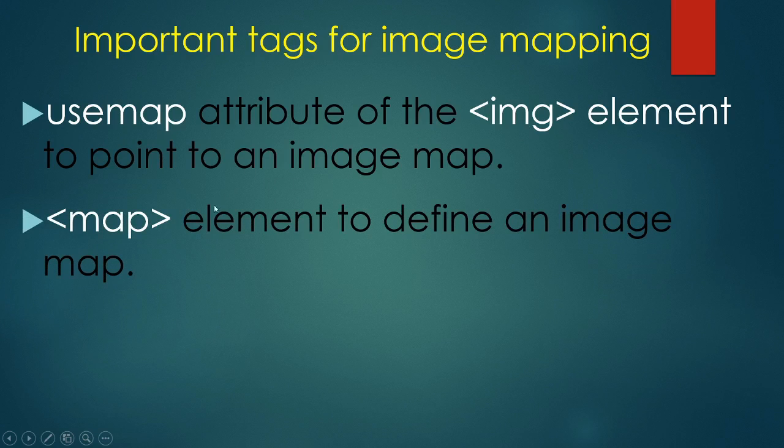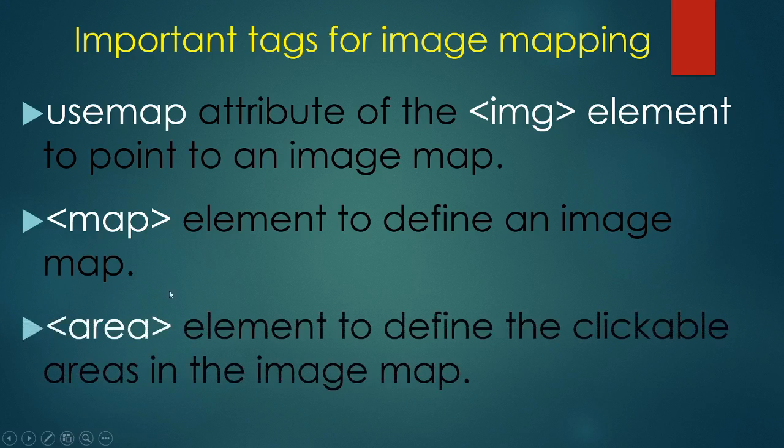Secondly, the map tag, which is an entirely new element. We will see the attributes of these tags also. And third, a very important tag, that is the area tag or area element. So these three are important elements as far as image mapping is concerned. First img tag with usemap attribute, then map tag, and then area tag.